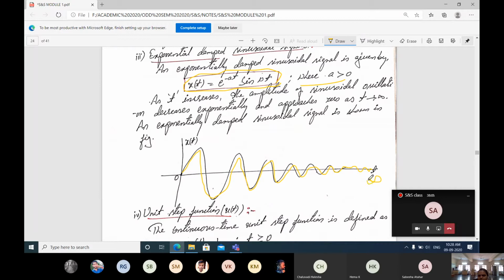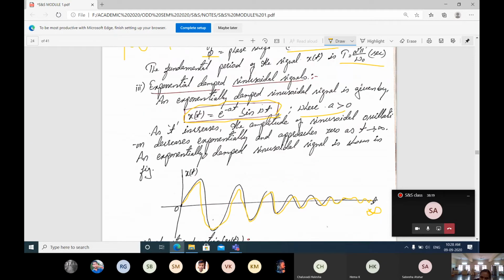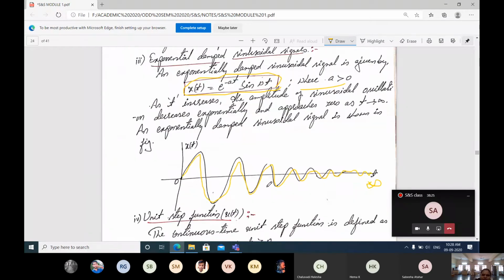This is what exponentially damped means, a decaying sine function, a sinusoidal signal.